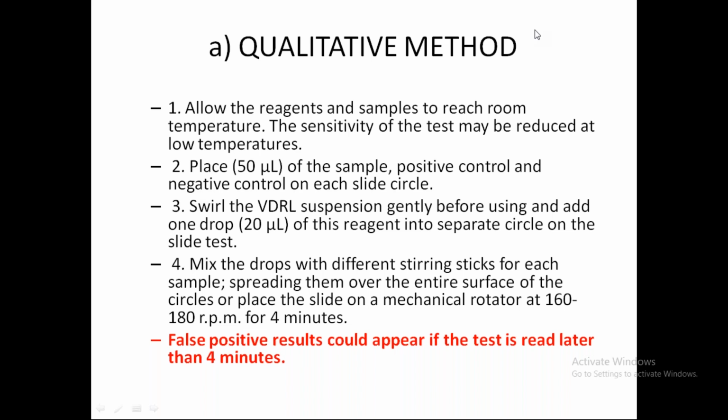You have to rotate at 160 to 180 rotations per minute for 4 minutes. Normally 2 minutes to 4 minutes is taken. And you have to read if there is flocculation. If you read the result after more than 4 minutes, false positive can occur.